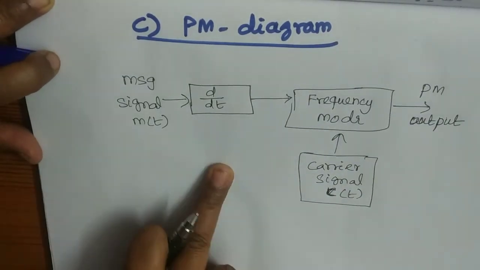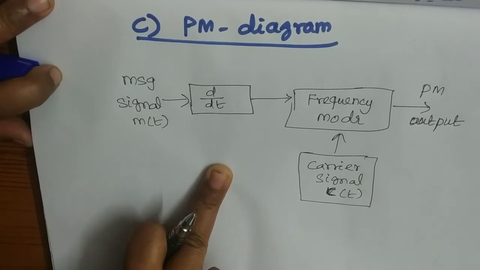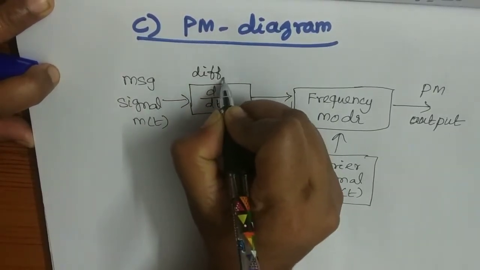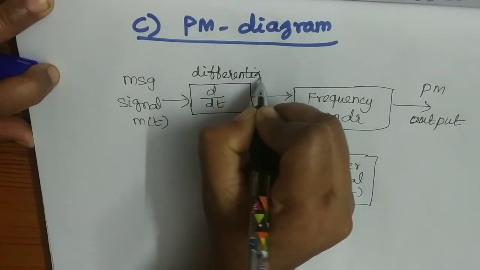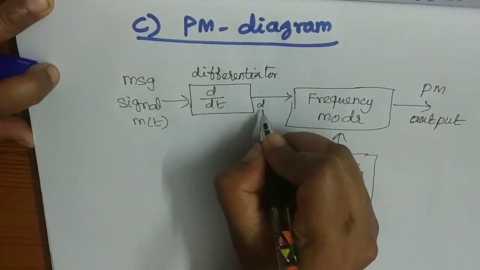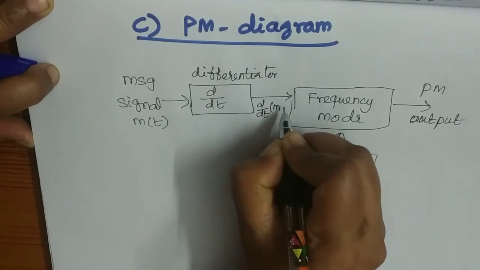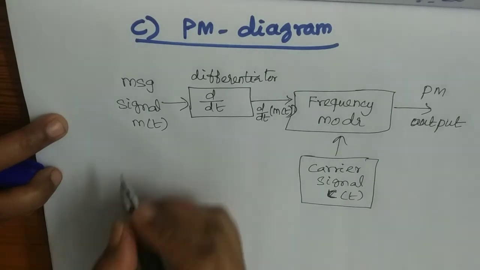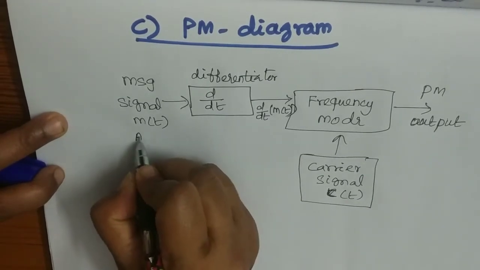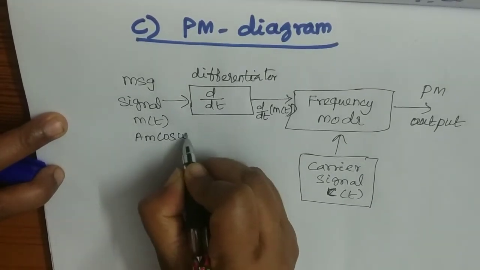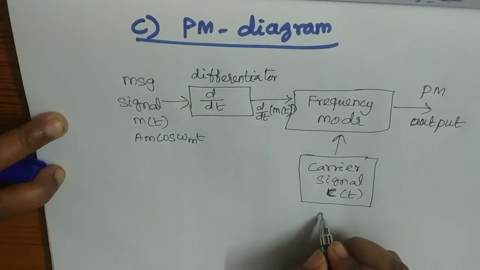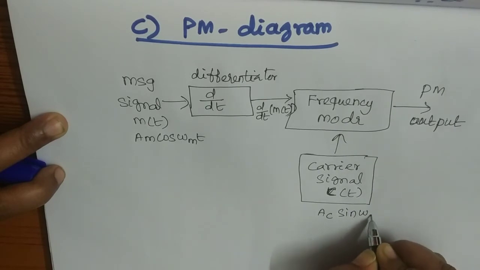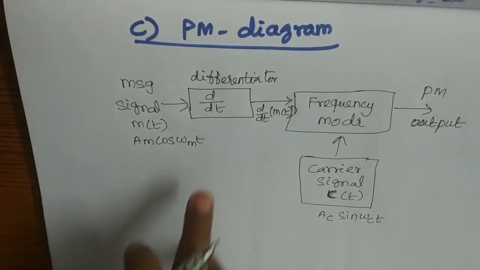This is the simple phase modulator diagram. So d by dt is nothing but a differentiator of m of t. m of t is nothing but Am into cos of omega mt. Here c of t is nothing but Ac into sin omega ct, isn't it?